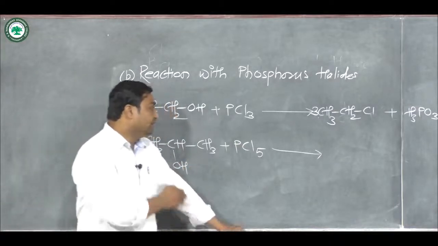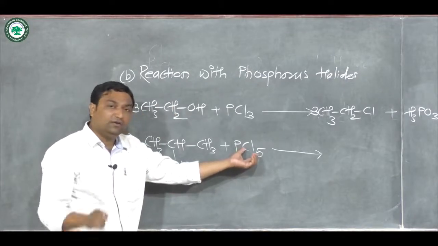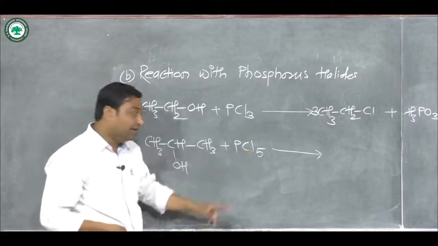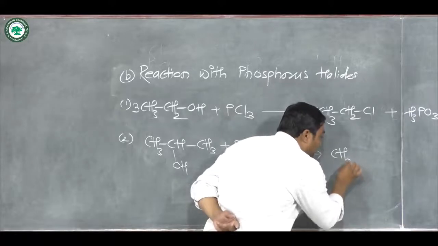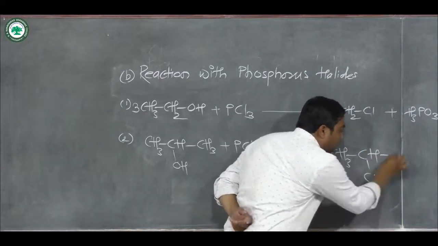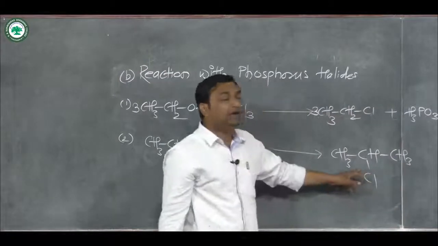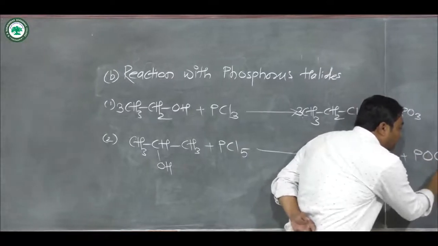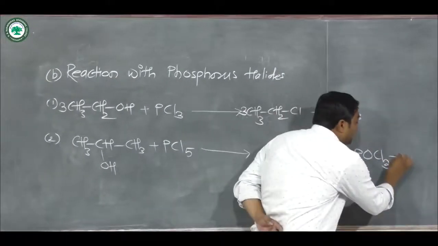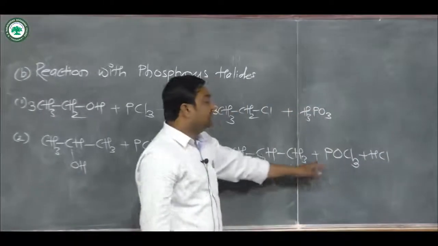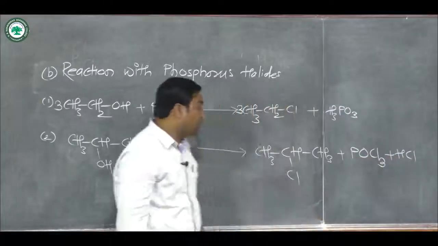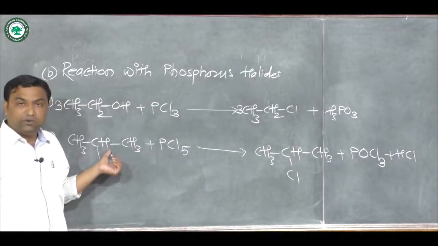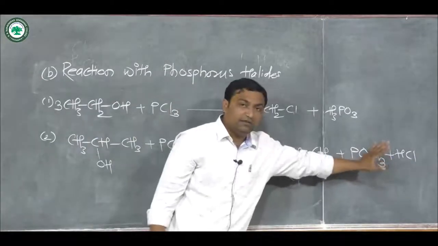This chlorinating agent will replace only the OH group by the halogen atom. This will be our product with the formation of POCl3 and HCl. These are the byproducts which will be formed when we react PCl5 with any alcohol.